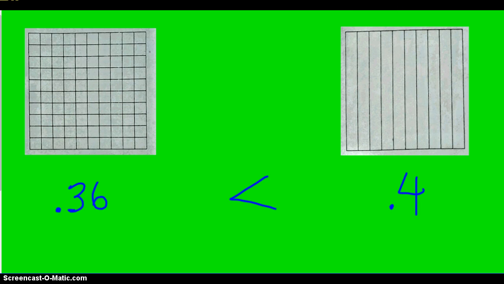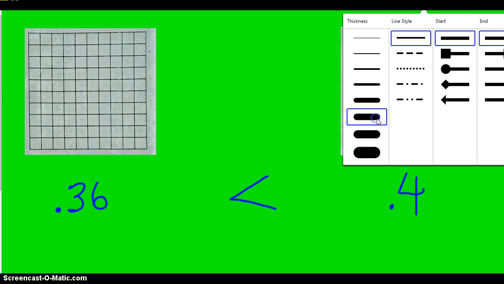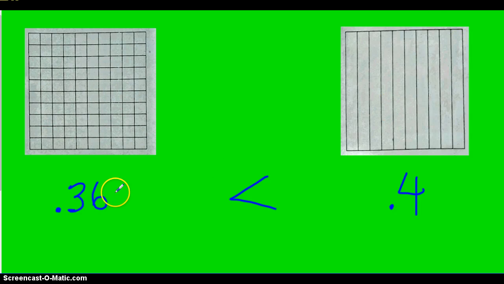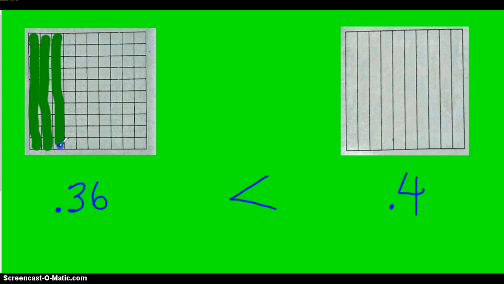Let's take a look at these two. If I were showing 36 hundredths, we know now that this is 10 hundredths, or a tenth. So that's 10 hundredths, 20 hundredths, 30 hundredths, or 3/10.